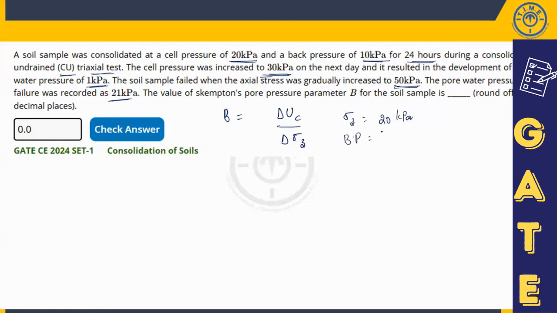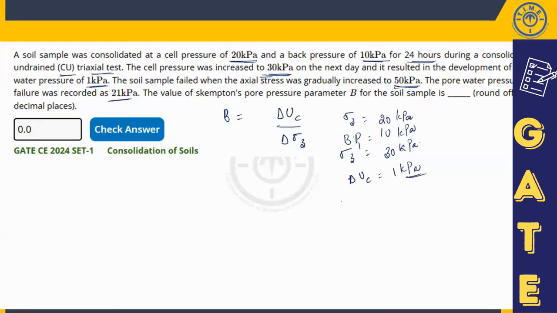Back pressure 10 kilopascal, and the cell pressure increased to 30 kilopascal. When it increased, pore water pressure delta UC is 1 kilopascal.